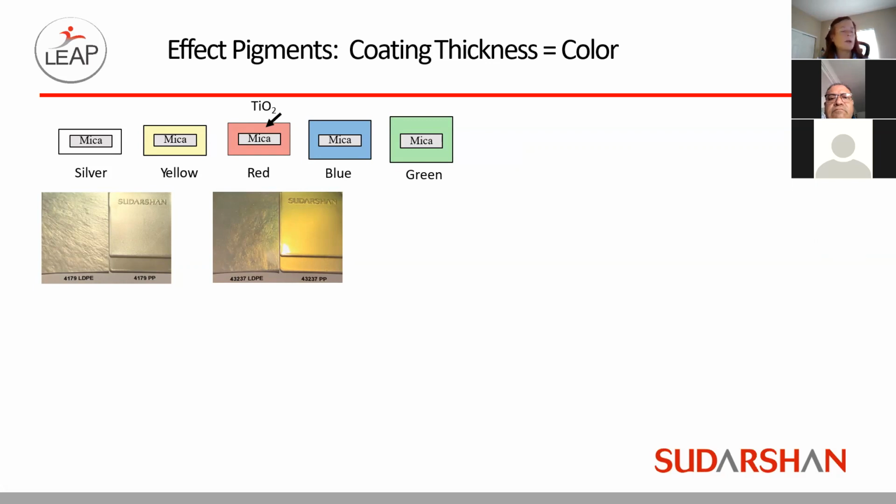And the photos that I'm showing here are just a couple of examples of two iridescent micas, a silver and a gold, dispersed in two different types of plastic polymers, LDPE on the left and polypropylene on the right, as well as the dispersion methodologies that are used.